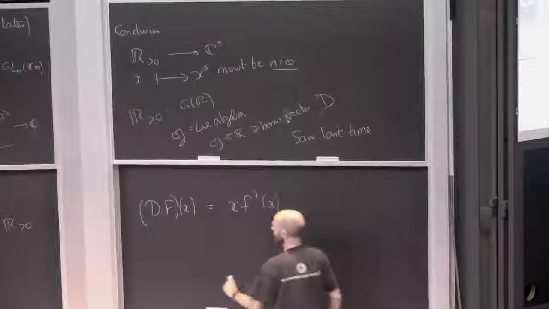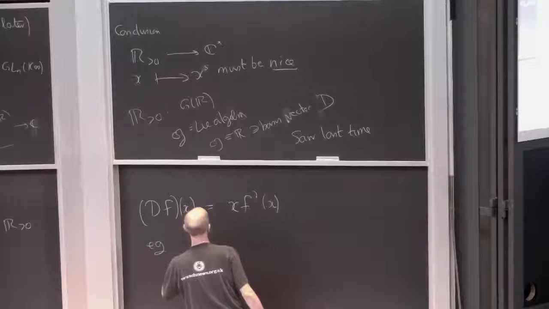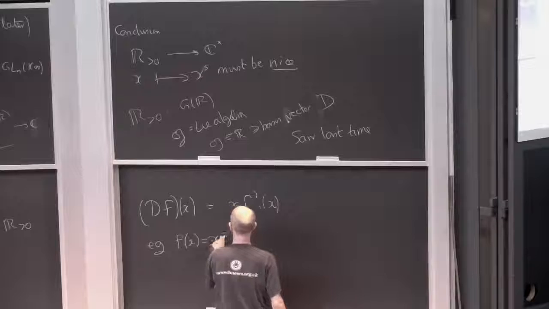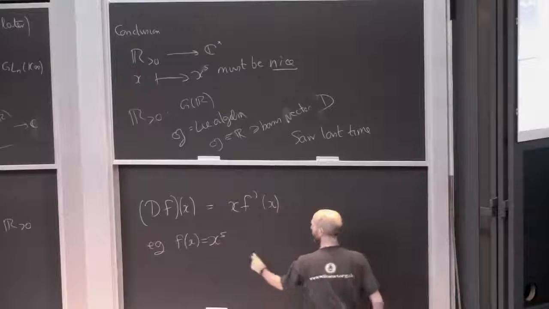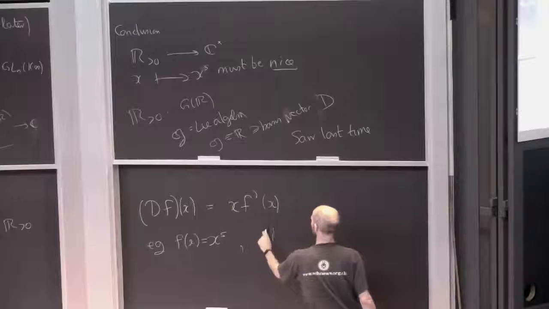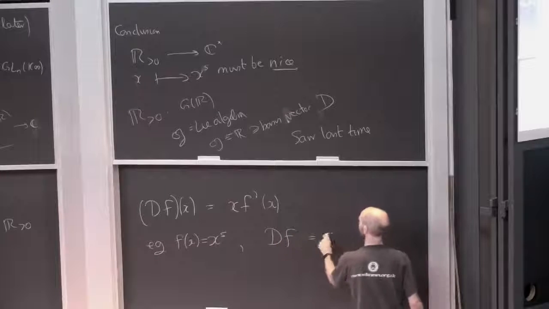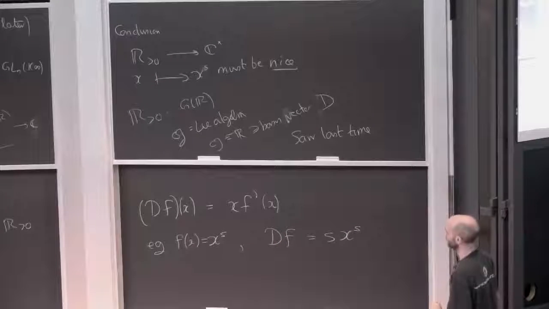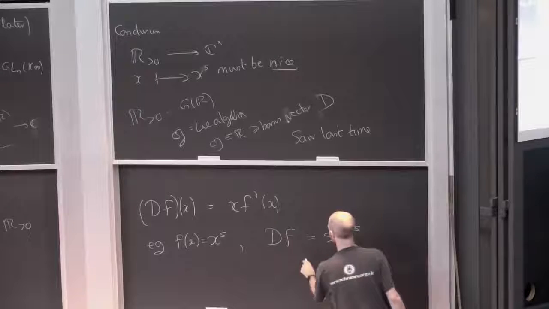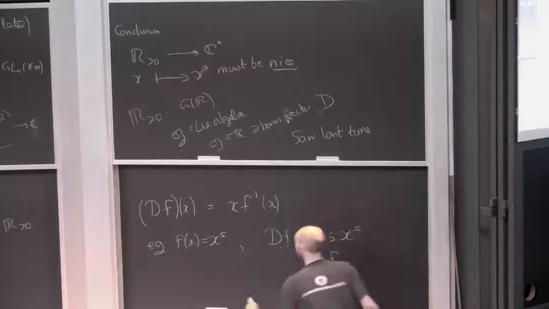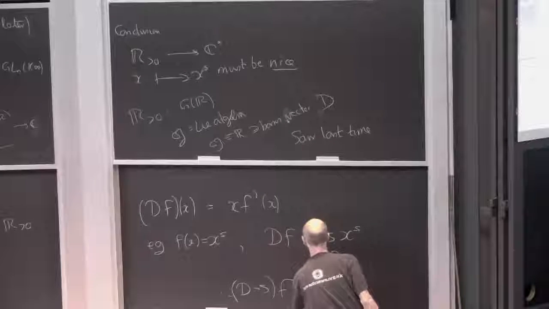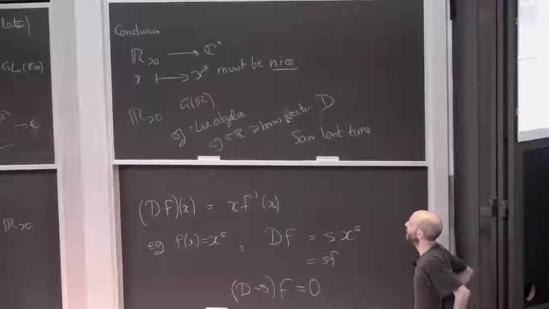So e.g., if f of x equals x to the s, then after a long struggle, I think I convinced myself yesterday that Df was s x to the s. Right. And that's s times f, you see. And therefore D minus s times f is 0.